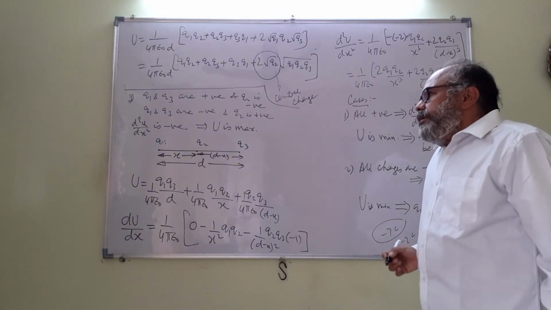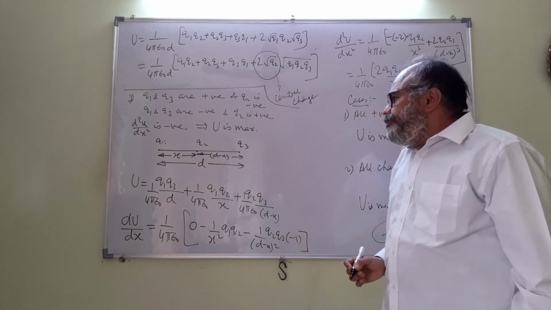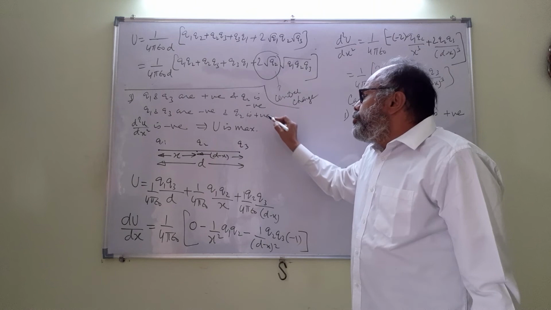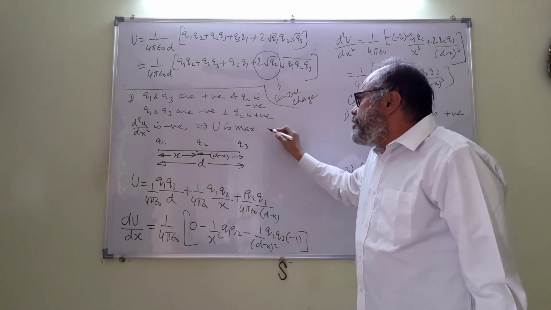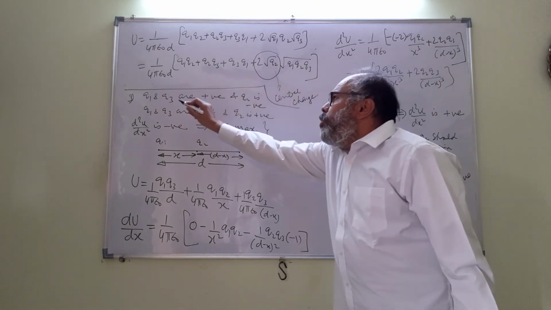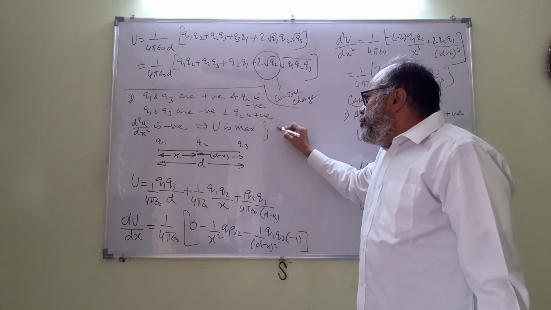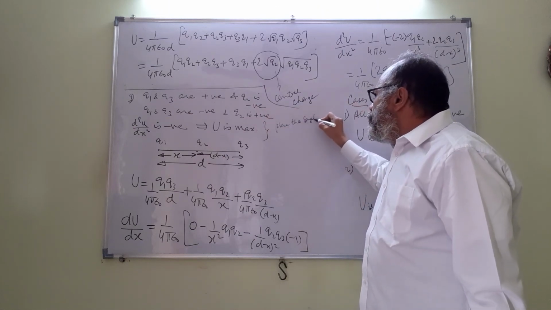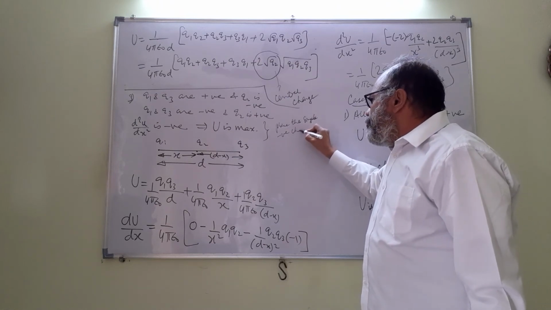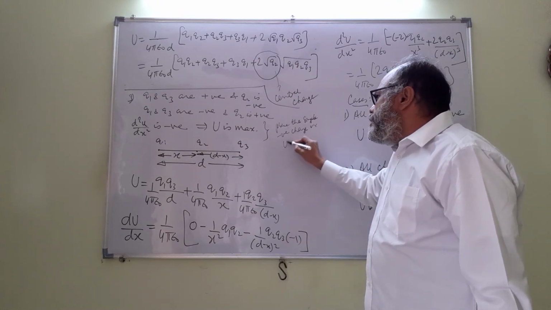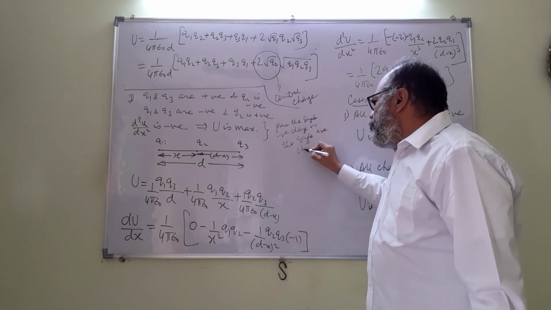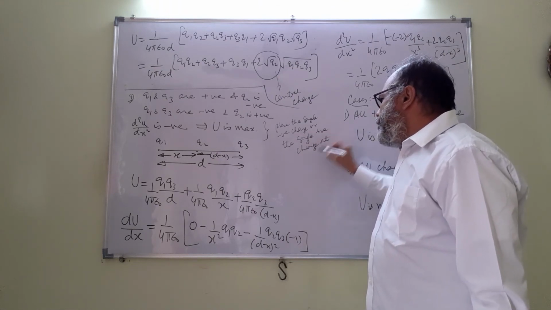Now, obviously, how will you place the charges? If two are positive and one is negative, place the single negative charge, or the single positive charge, at the center.